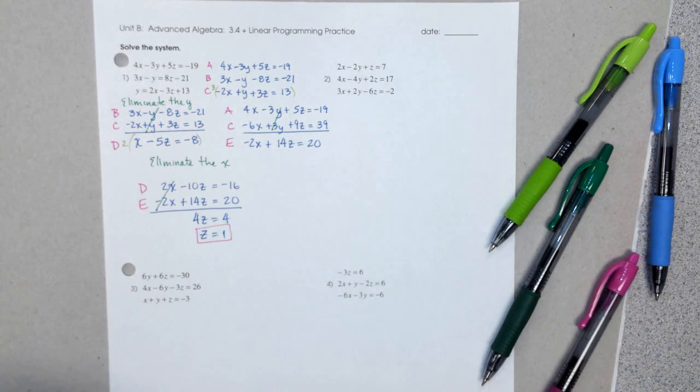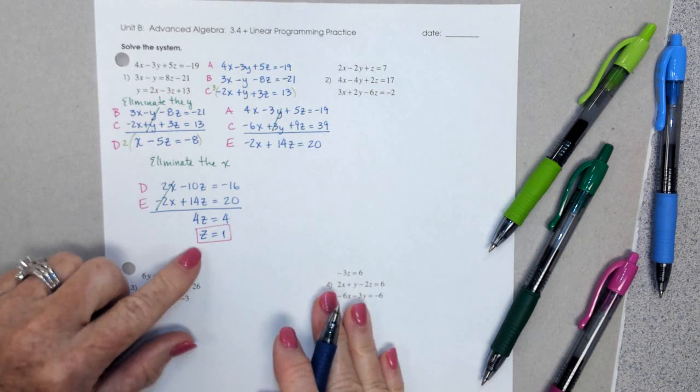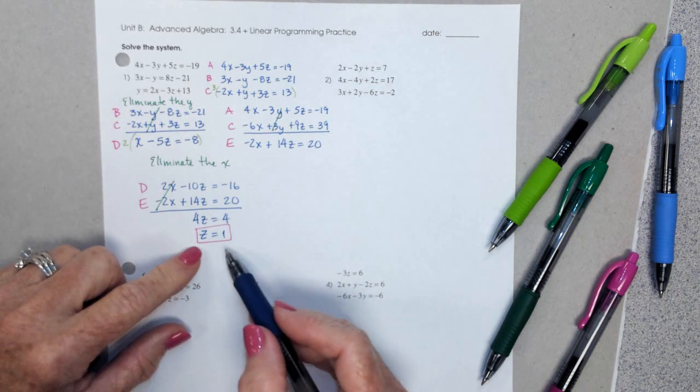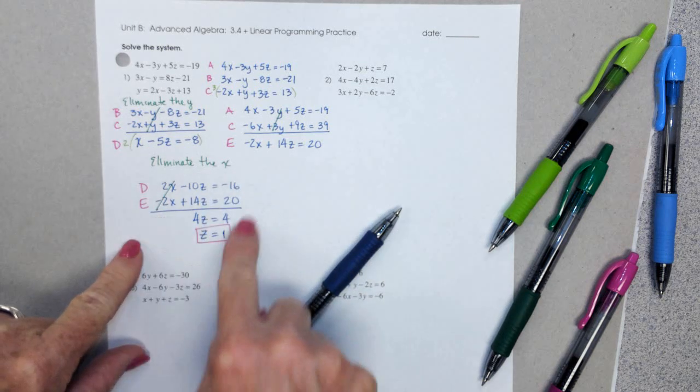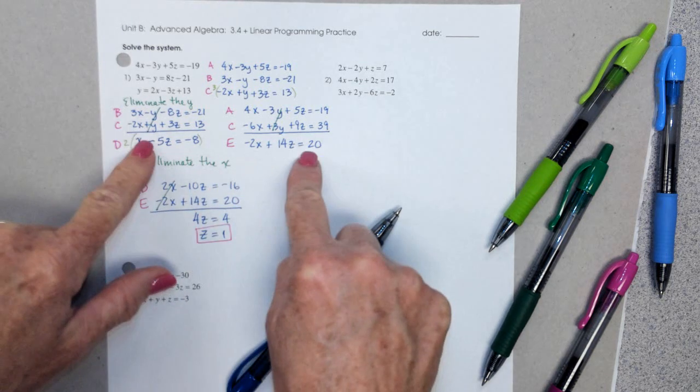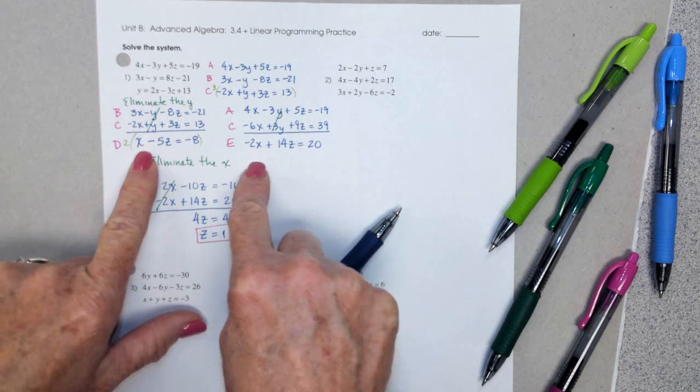There's one answer right there. Now we have to go back and find out what y and x are. Basically you go back up the steps. So here's where we found z. We'll go back up one layer, and you have to go into one of these equations.